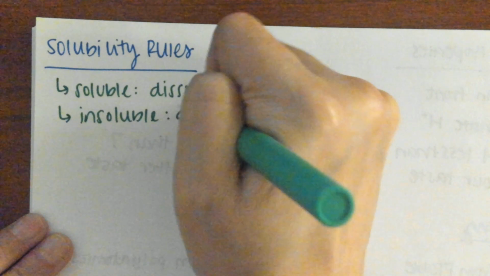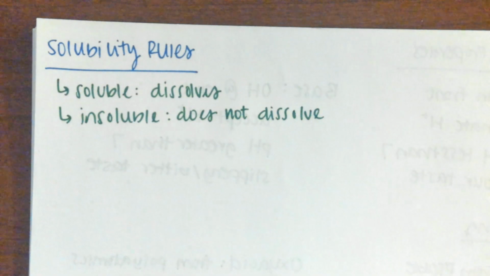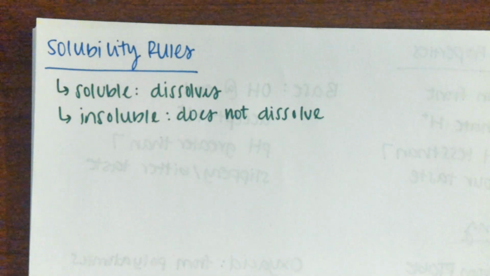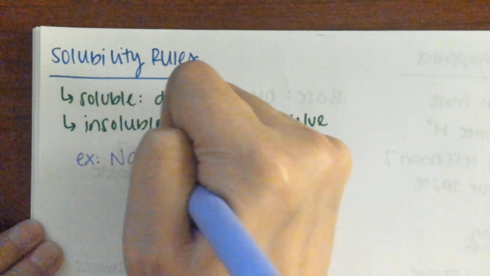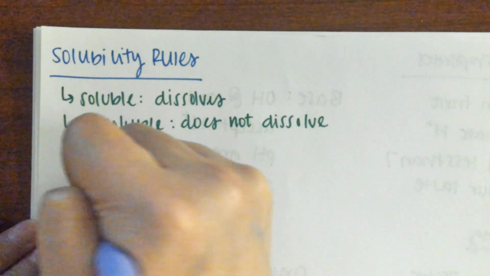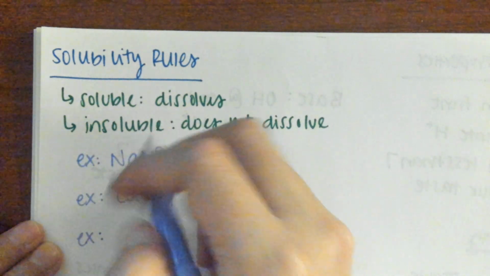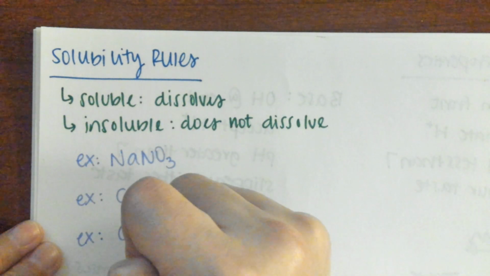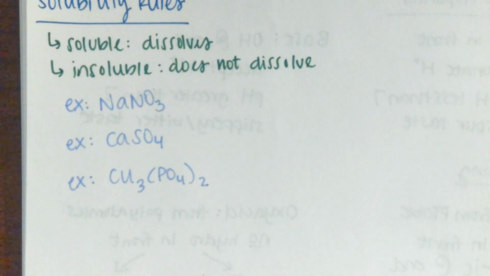Insoluble obviously does not dissolve. So I'll just write a bunch of compounds. I'll do the first one, and then you'll do the next two. Alright, NaNO3, CaSO4, and CuPO4.